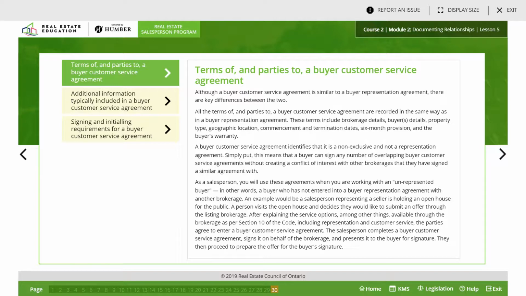The parties agree to enter a buyer customer service agreement. The salesperson completes the buyer customer service agreement, signs it on behalf of the brokerage, and presents it to the buyer for signature. They then proceed to prepare the offer for the buyer's signature.